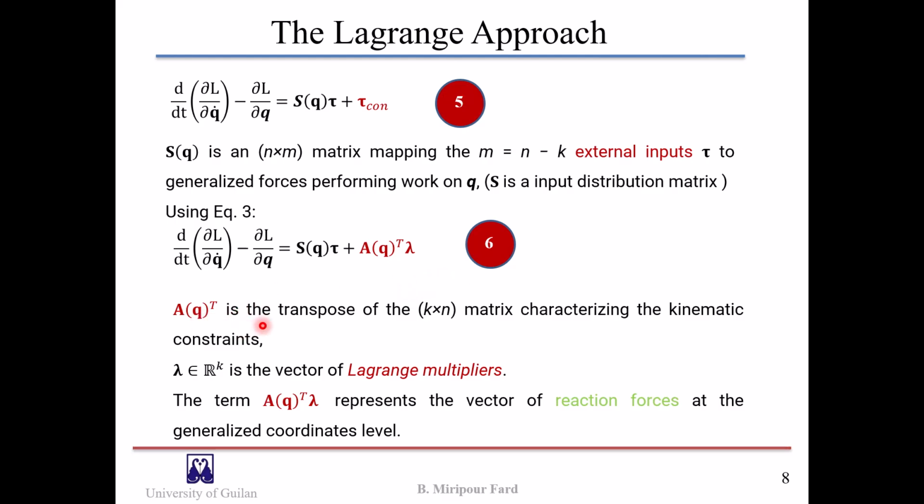A transpose is the transpose of the constraint matrix. Here lambda is a k-dimensional vector, and we call it the vector of Lagrange multipliers. And the term A transpose lambda represents the vector of reaction forces at the generalized coordinates level.